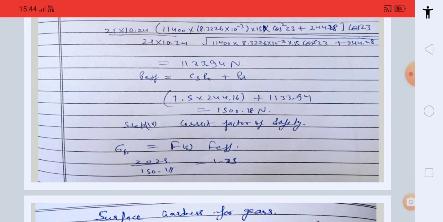Now for getting the correct factor of safety, we have the bending strength equals factor of safety into P effective. So we have 2025 as the bending strength and P effective is 1500.18 Newton. So the safety factor comes out to be 1.35.